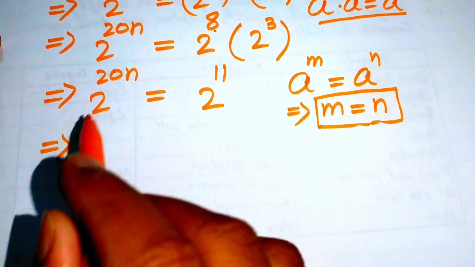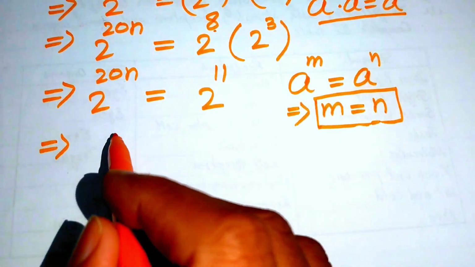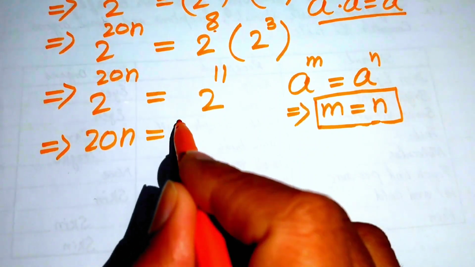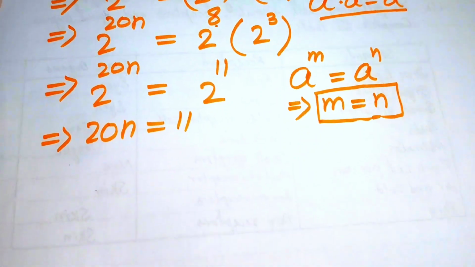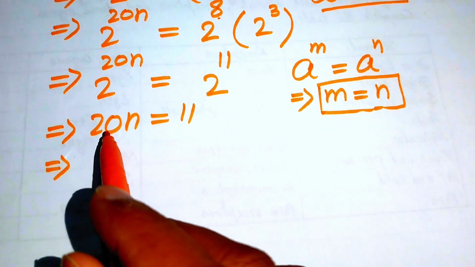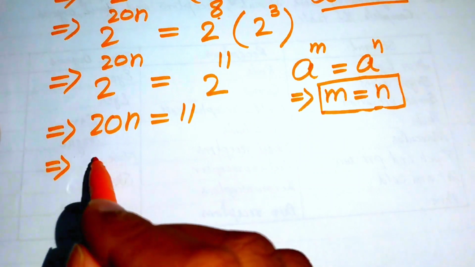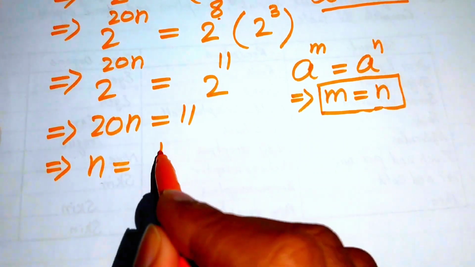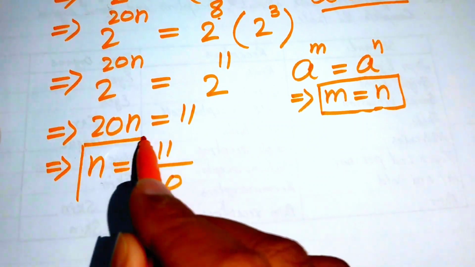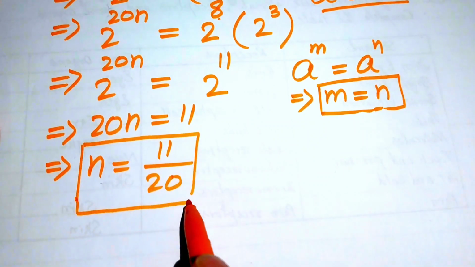Here we equate the exponents and we write it as 20 times n equals 11. Here we easily find the value of n, and we move this 20 to the right hand side and we get n equals 11 over 20. So this is the value of n.